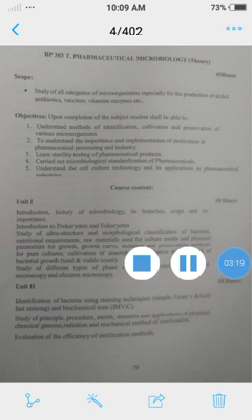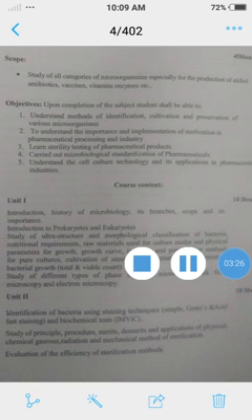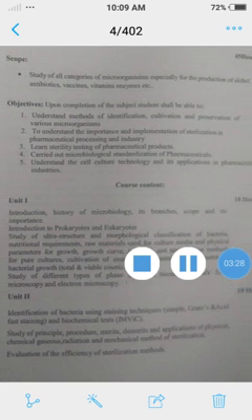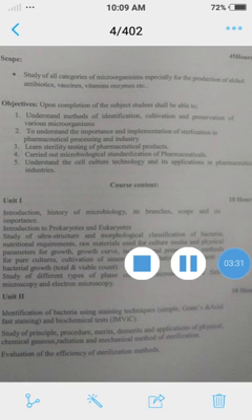Then the objective of this pharmaceutical microbiology is, upon completion of the subject, the student shall be able to understand the first objective: the methods of identification, then methods of cultivation, then methods of preservation of various microorganisms.